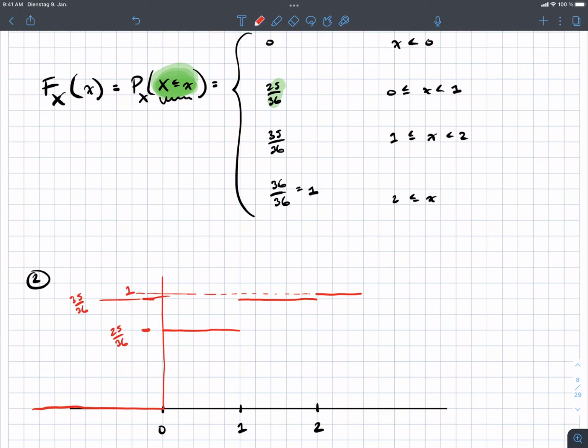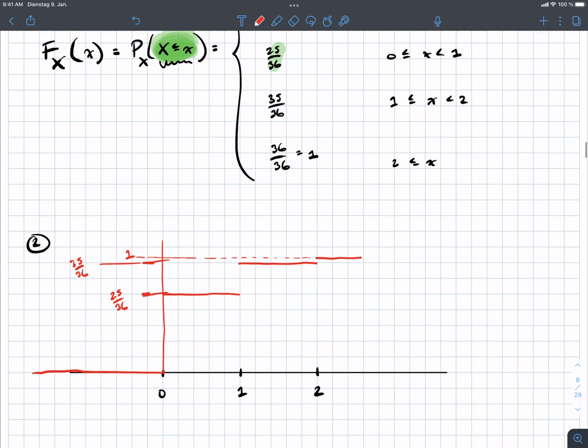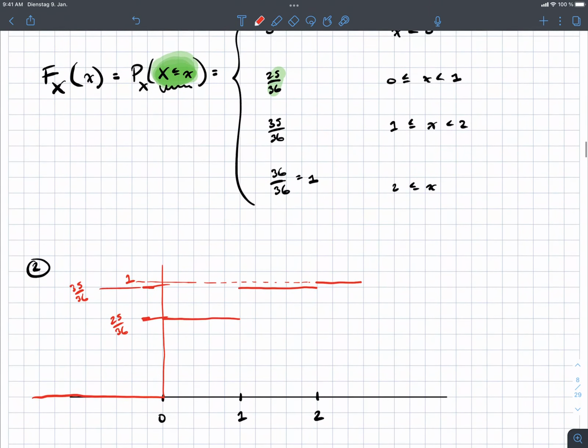Okay, if I wanted to put an axis there. Now, how should I put where the endpoints are? So I should put it like this, because if I put in the value 0, it takes this value, 25 over 36, not this value.